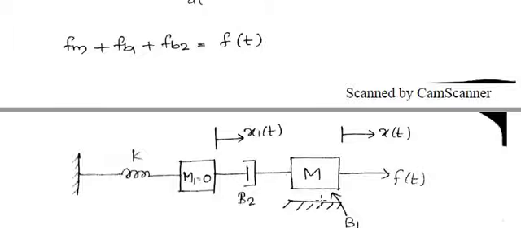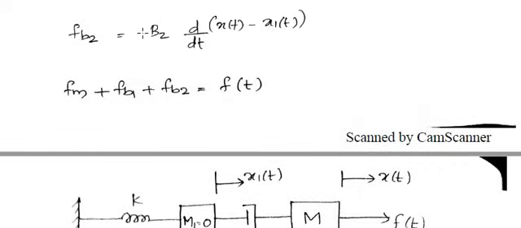Right now we are considering the free body diagram of m, so its displacement should be written first. So Fb2 equal to its frictional coefficient B2 into d by dt of x of t minus x1 of t. Okay, so we have to consider both the displacements. Since we are considering mass m right now, we have to write its displacement as the first one. So x of t first, that minus x1 of t.